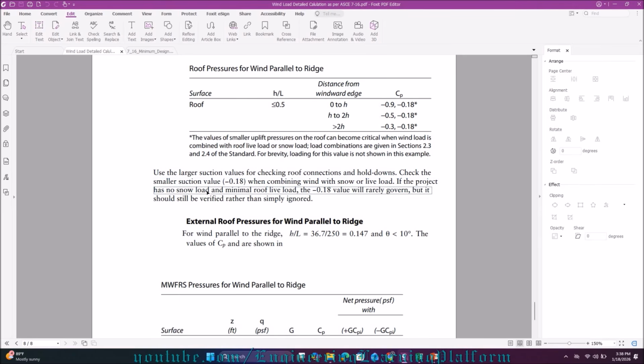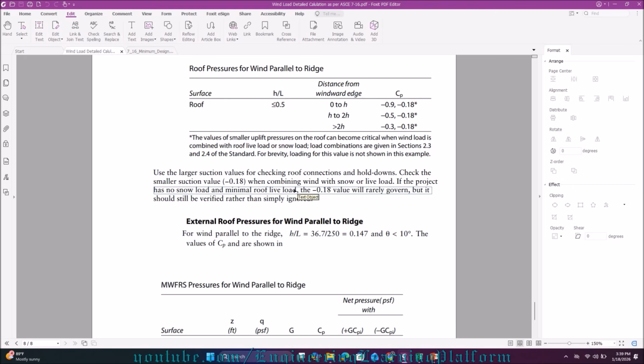If the project has no snow load or minimal roof live load, then this minus 0.18 value will rarely govern, so it will not be considered, but it should still be verified rather than simply ignored. So most of the time we will be taking this greater value, that is minus 0.9, minus 0.5, minus 0.3 at these locations from the windward edge.